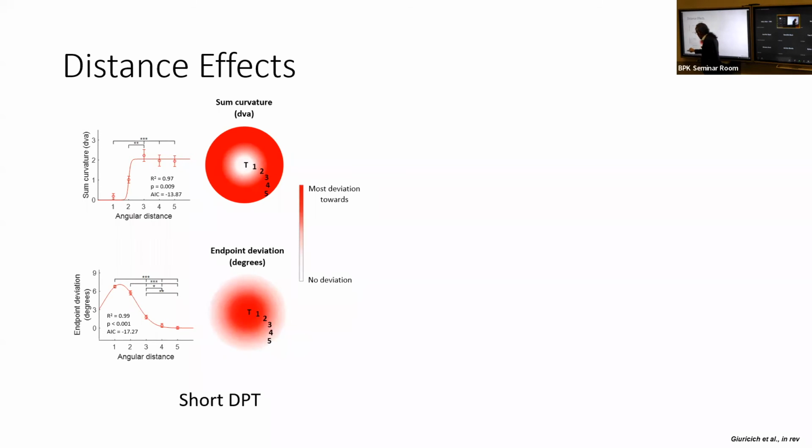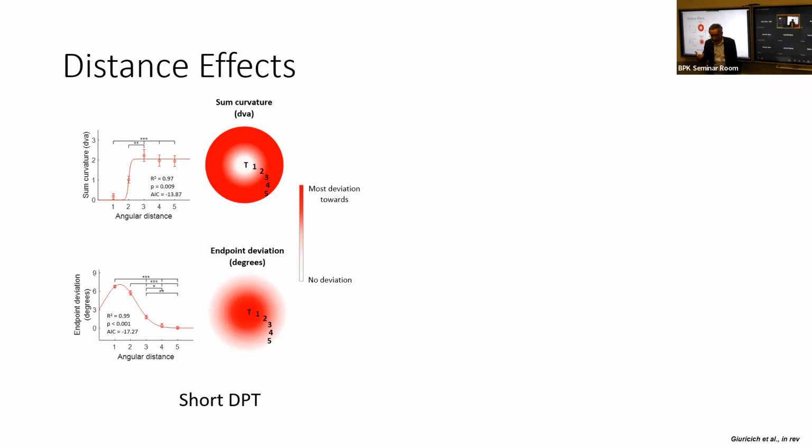If we take a look at the endpoint deviation then for the vectors, not the trajectory curvatures, we see this different pattern. As I said, at angular distance 1, the saccade vector actually falls in between the two. As you move out with more distance, the saccade vector actually moves closer towards the target.